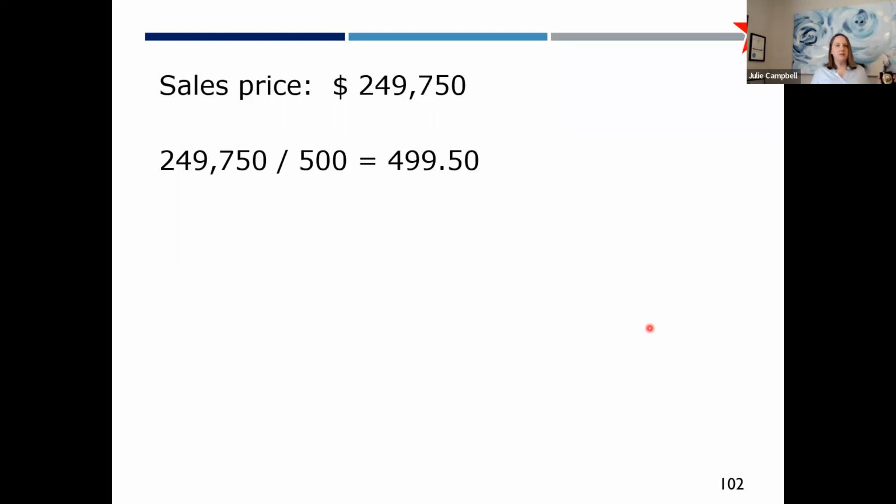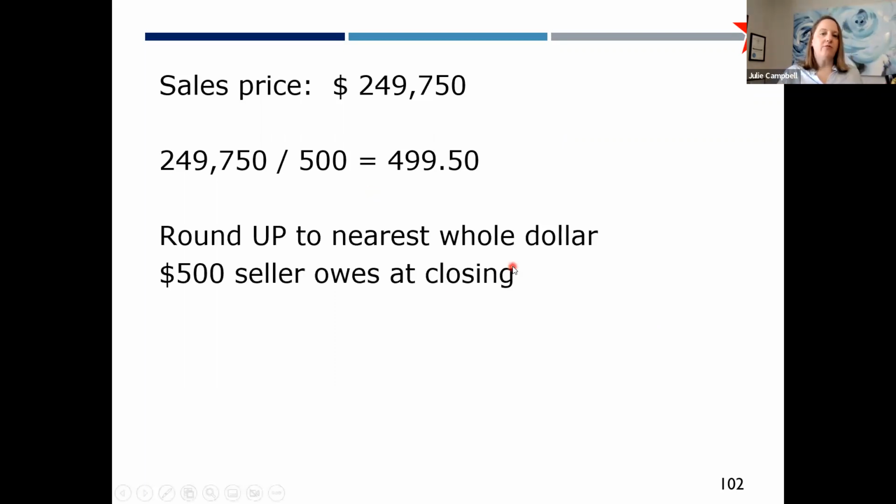Is there change there? Yeah. So how much are we going to charge this seller? We're going to round up to $500. So purchase price divided by 500. If you don't have a whole number, round up.